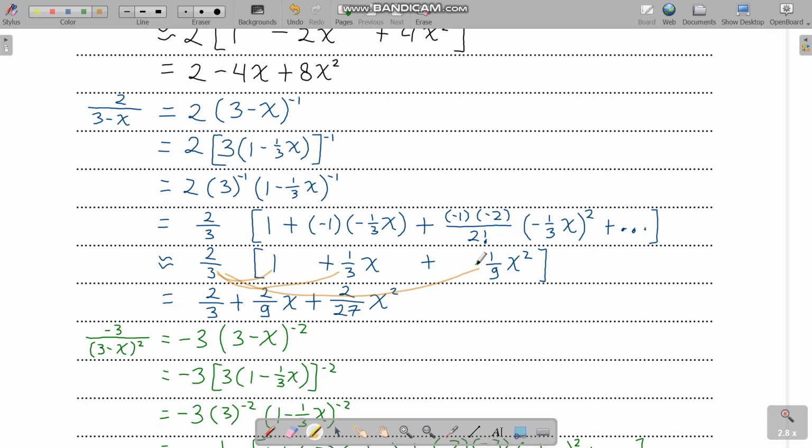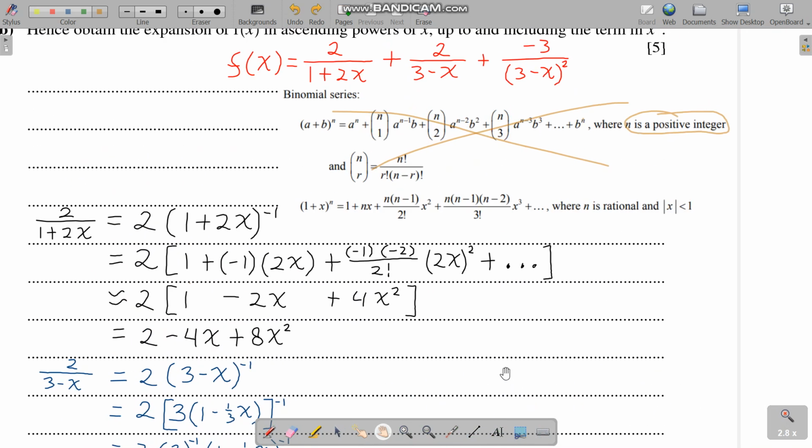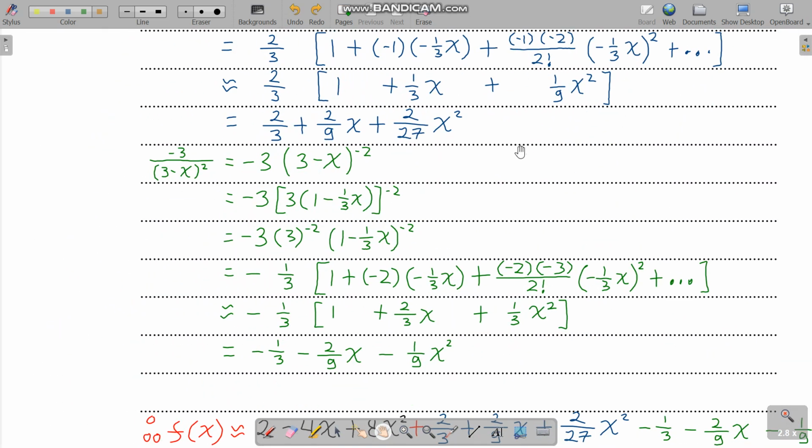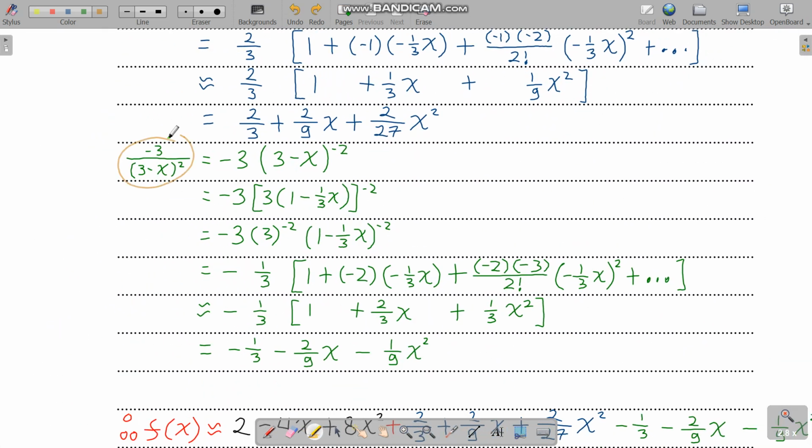And the last term is minus 3 over (3 minus x) all squared. So this time the power is minus 2 because of the square here. We again factor out the 3. The 3 is also to the power of minus 2. So this is actually 1 over 9. 1 over 9 times minus 3, that's minus 1/3.